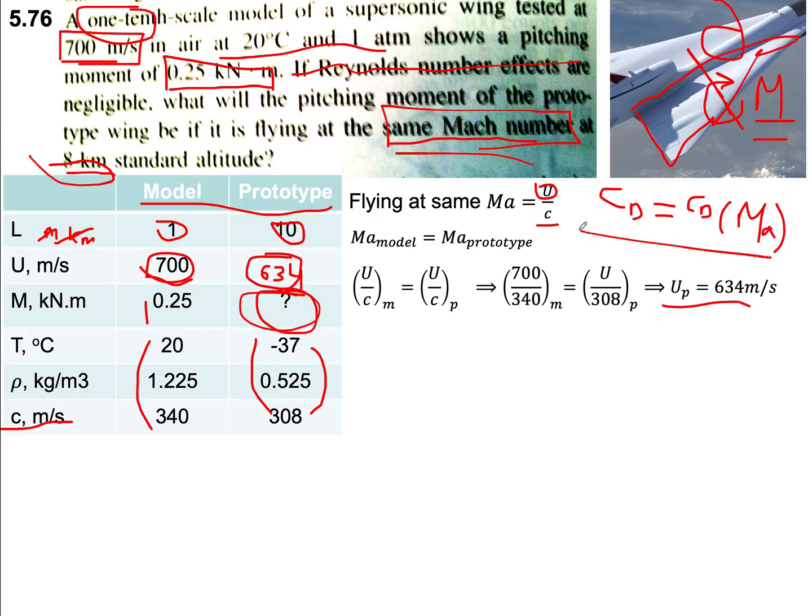So the drag coefficient will be a function of Mach number, and if I have the same Mach number, I should expect the drag coefficient in both cases to be the same.